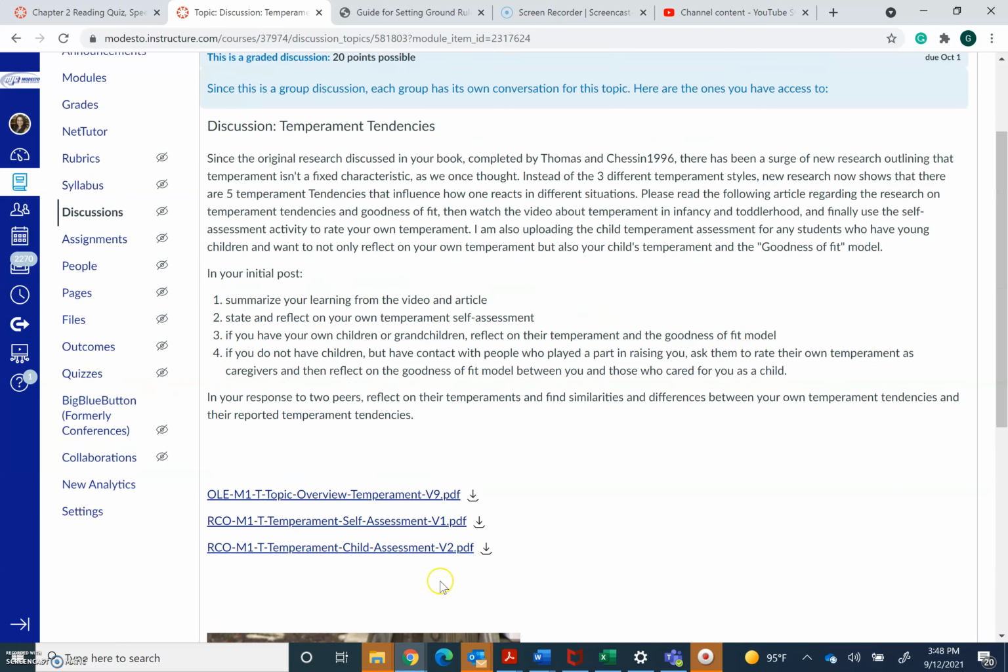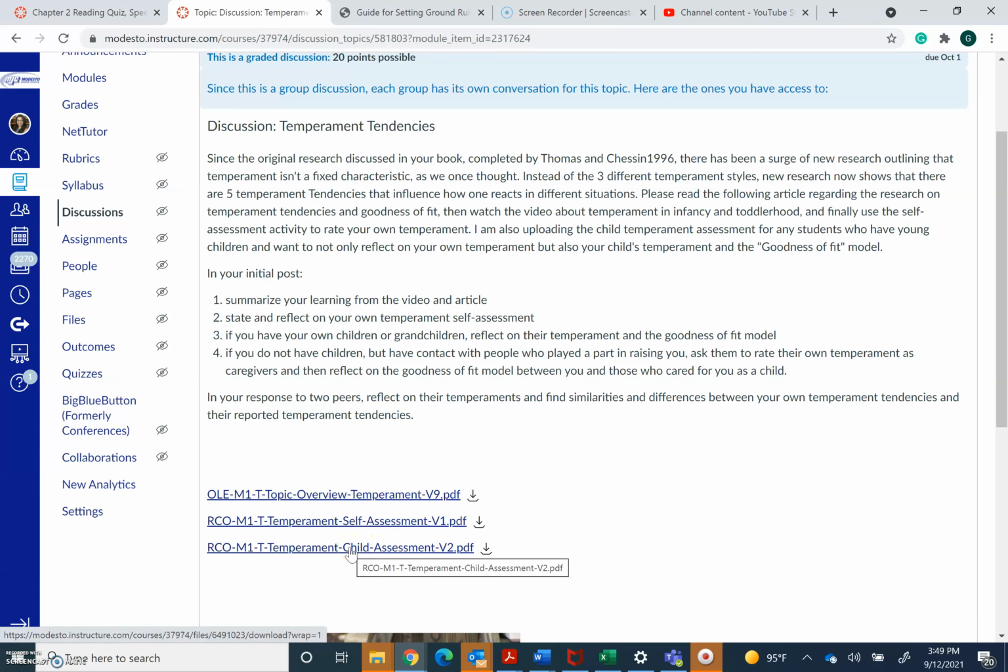What I'd like you to do is look over these different assignments. And so first, I'd like you to look at a temperament overview, and I'd like you to do either a self-assessment or a child assessment, or both. So first, if you have a child in your life, I would like you to assess your child's temperament.